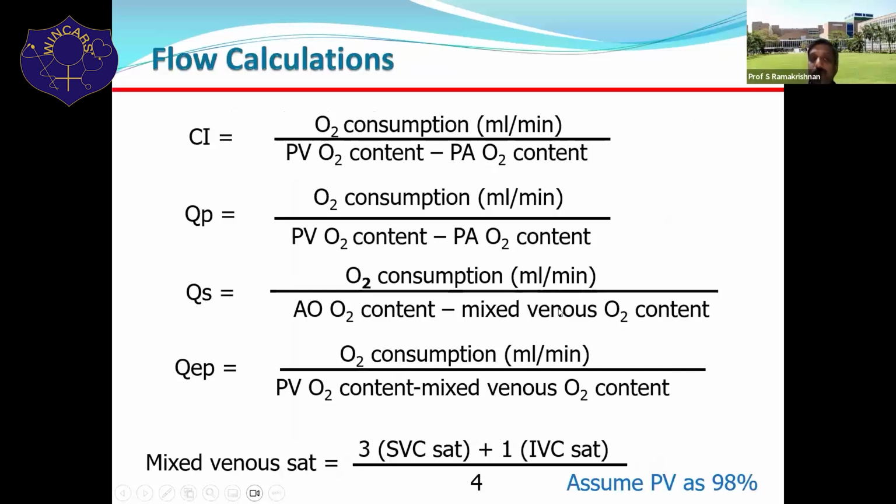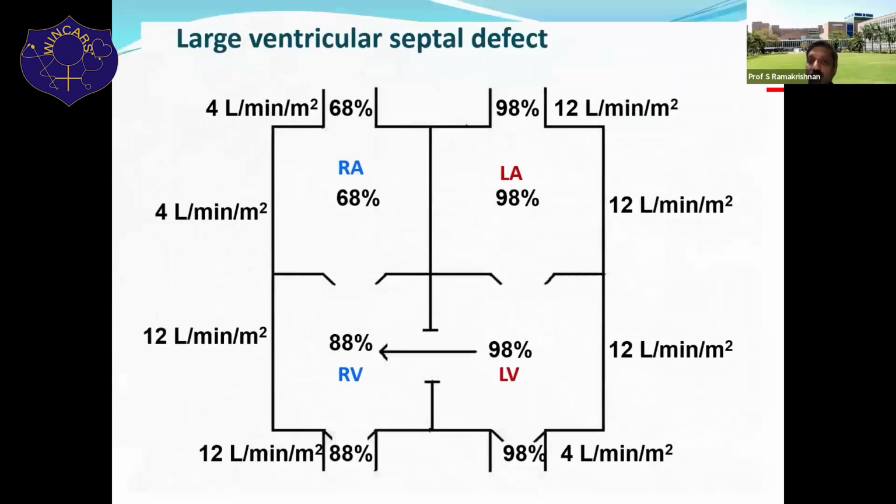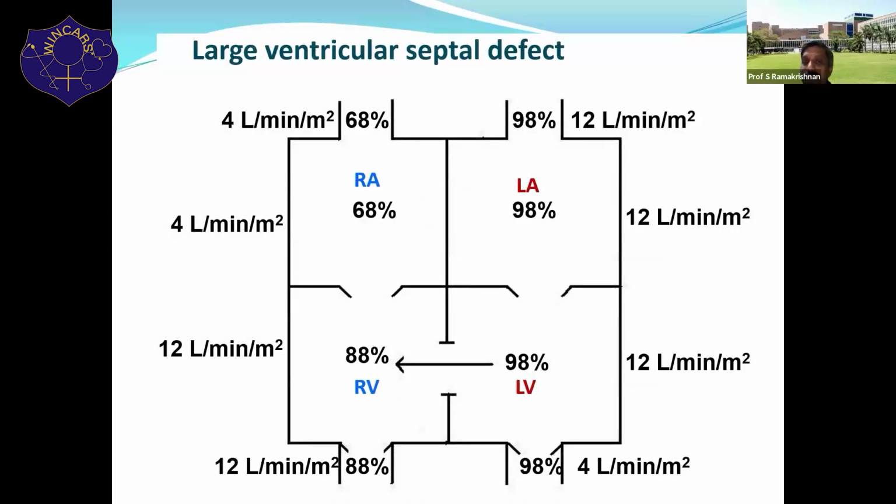So now when you put QP by QS, everything is reversed. Am I clear? So now you go back here. So how did 3:1 come? So 98 minus 68 is 30, and 98 minus 88 is 10, and 30 by 10 is 3:1.